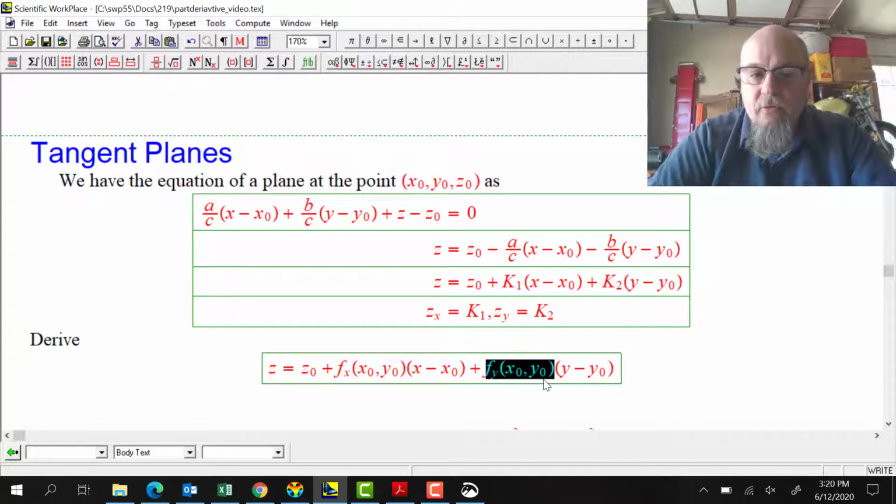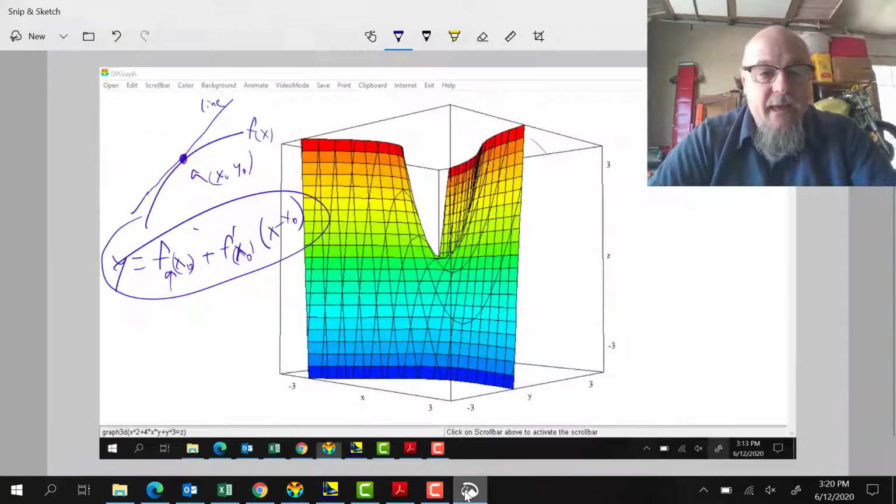Those are supposed to be numbers. So this will be a plane. It will go through the point x naught, y naught, z naught, and it'll have the same slopes. It'll have the same first order partial derivatives as the function. So I'm getting the 3D version of what I wanted here. All right.